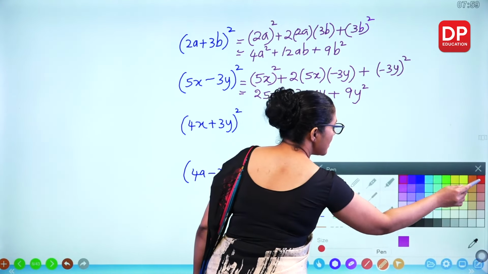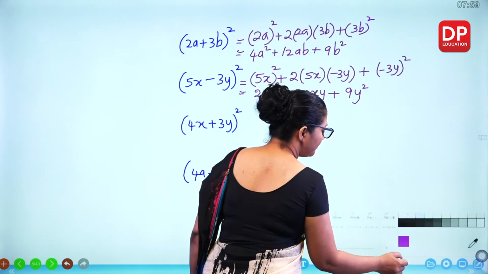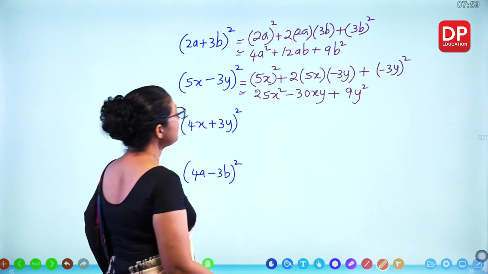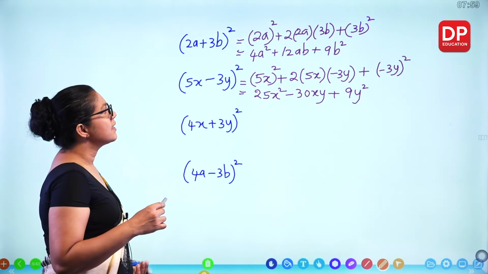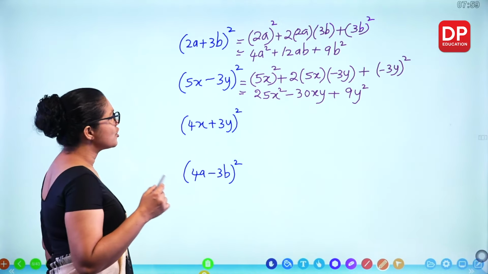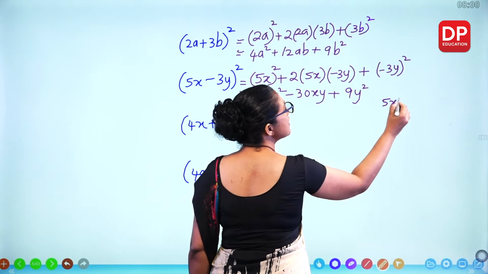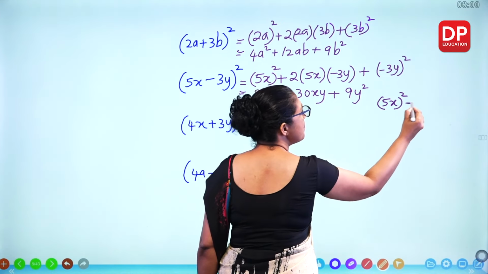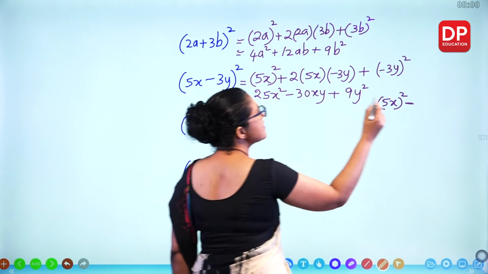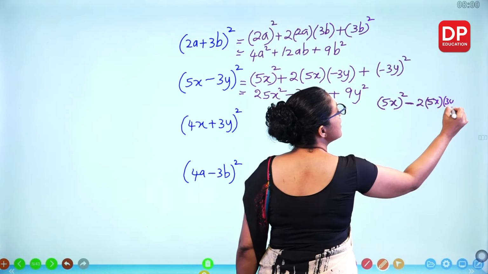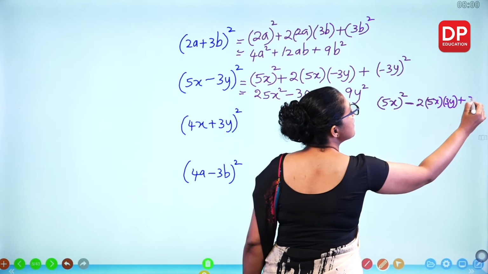I'll write using another color. I'll take red. If you're not considering the sign, what you do? You can take 5x squared, then you put minus 3y as the second term. 5x and 3y and plus 3y squared.